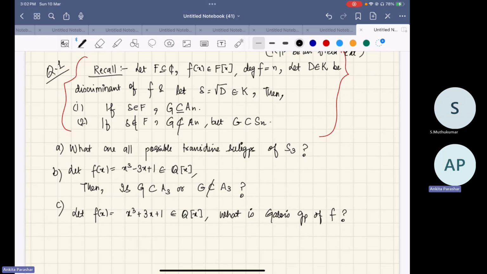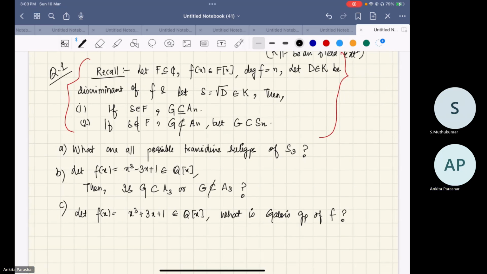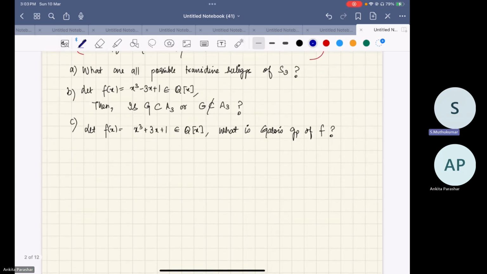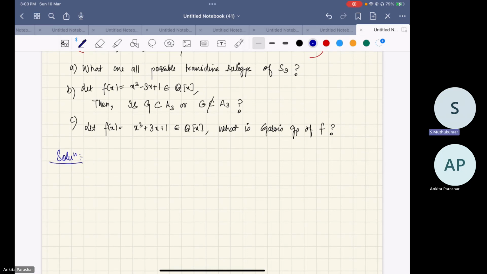Part A says: what are the possible transitive subgroups of S3? So transitive means given any two indices i and j, there must be a sigma such that sigma of i equals j. Well, let me rewrite.